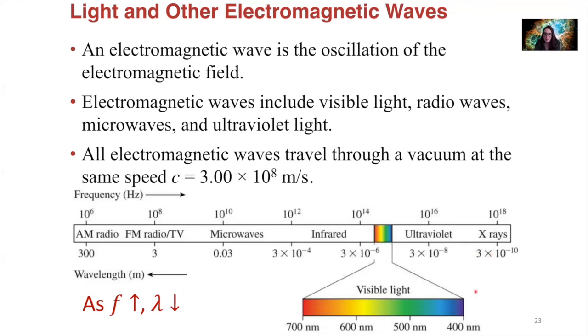And the visible wavelengths of light are down here, wavelengths of 700 nanometers to 400 nanometers. A nanometer is what we use to represent wavelengths of light pretty close to the visible wavelength. 1 nanometer is 10 to the minus 9 meters.